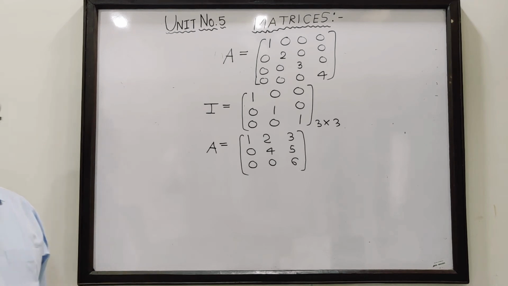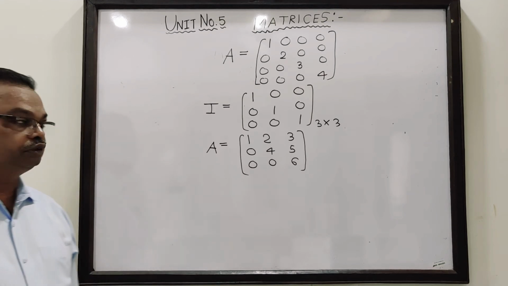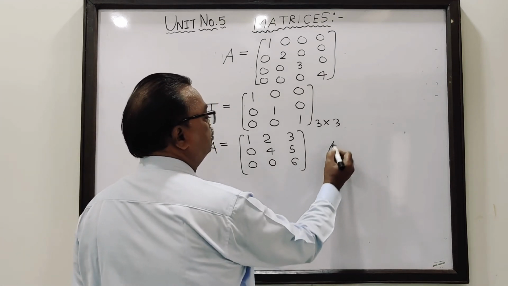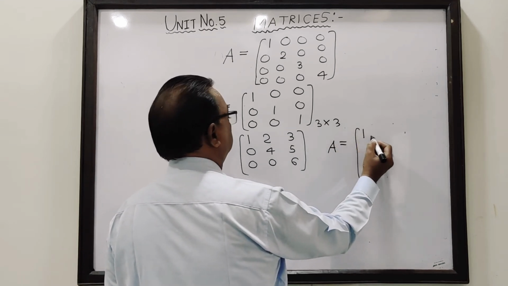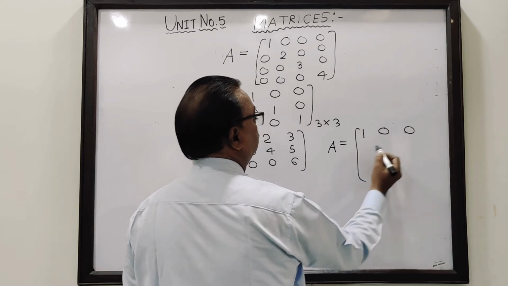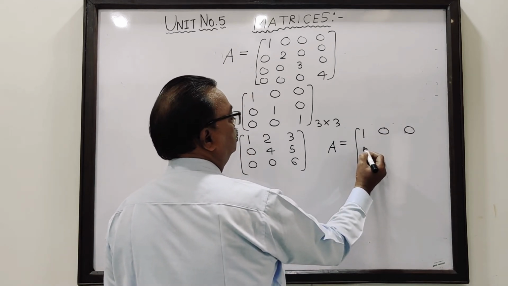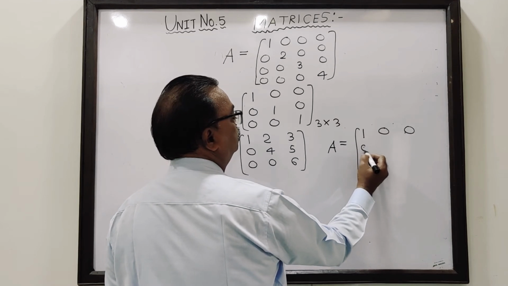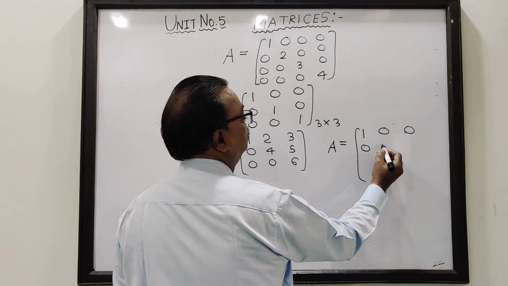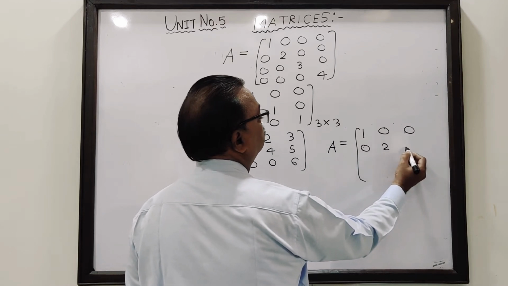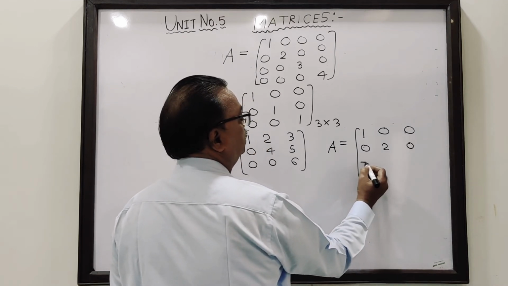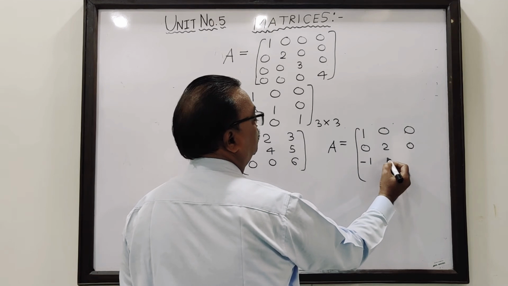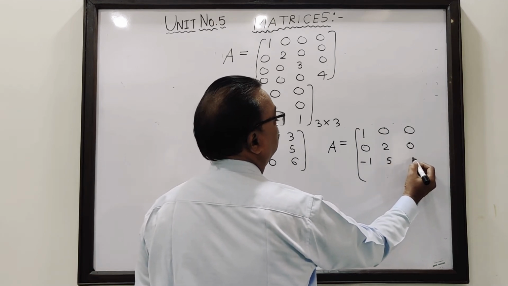Then, what is the lower triangular matrix? It is a square matrix in which all the elements above the principal diagonal are zeros. For example, suppose A equals this matrix: 1, 0, 0; 0, 2, 1; 5, 4 in the remaining entries.